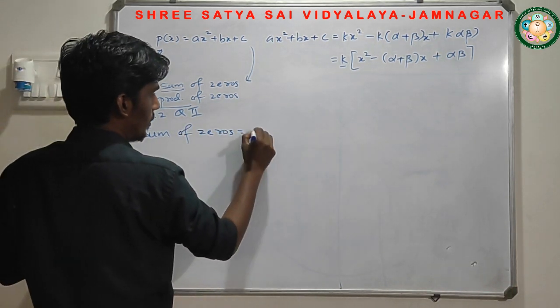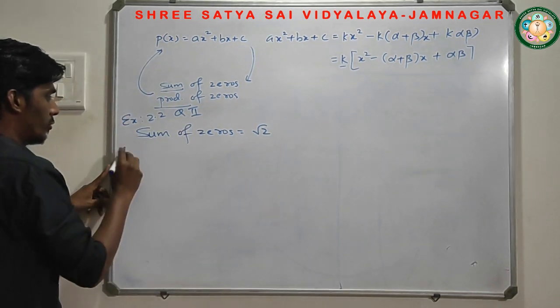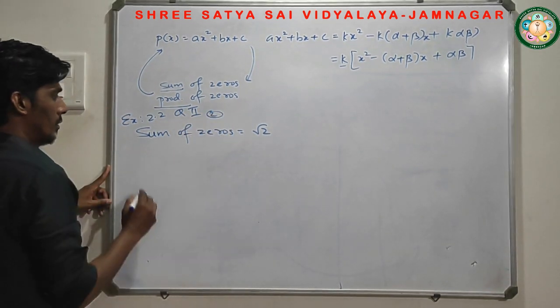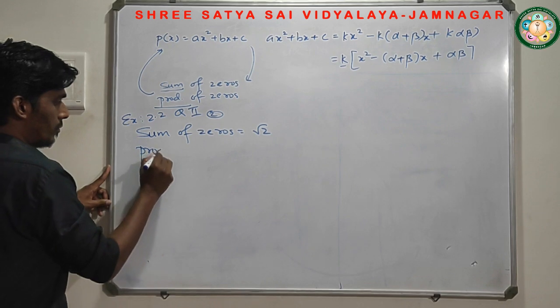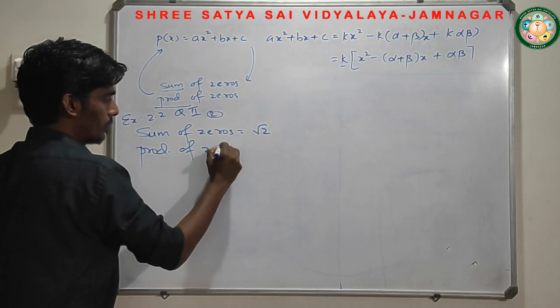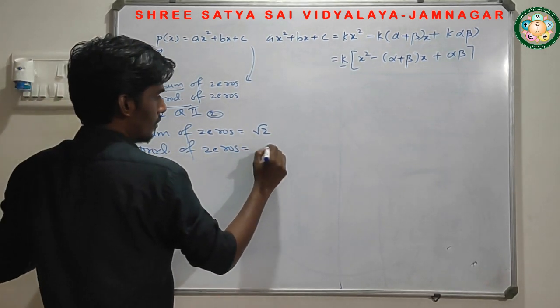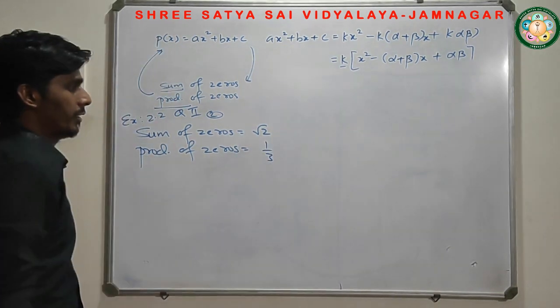Sum of zeros is root 2, this is the second question, second sum, and product of zeros is 1 by 3.